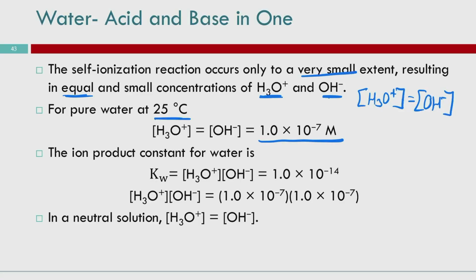We have a new constant that we're learning, the ion product constant. This constant for water, K for constant, W for water, is the ions multiplied by each other. So H3O plus, that's one of the ions. Hydroxide is the other ion. If you multiply 1 times 10 to the minus 7 by itself, you're adding up the exponent, so it's 1 times 10 to the minus 14.